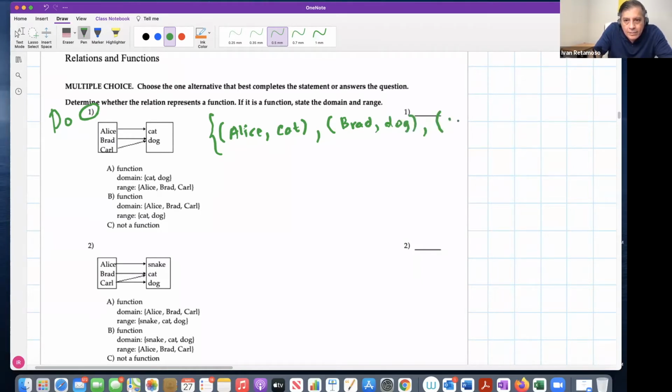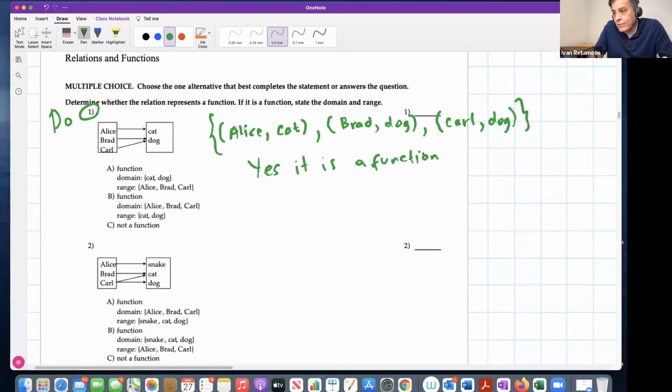And Carl paired up with dog, right? Okay, now notice for Alice, Brad, and Carl, there is a single output value, right? A single output value. So therefore, yes, this is a function.